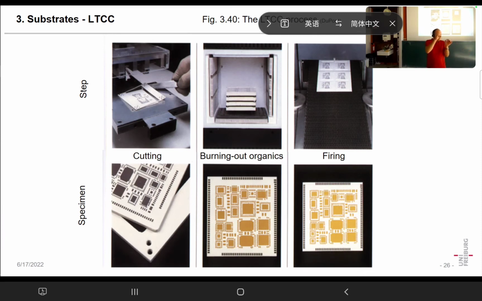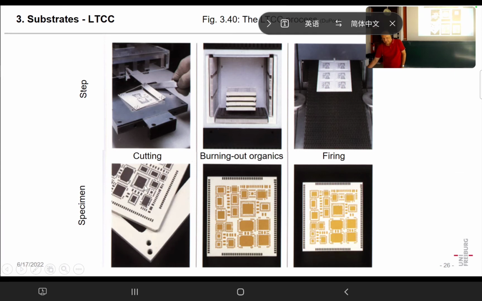But in that wax, there are embedded many ceramic particles. So here it is cut. That works. After the firing, you cannot cut anymore very well. Then here they go into the oven, burning out organics.